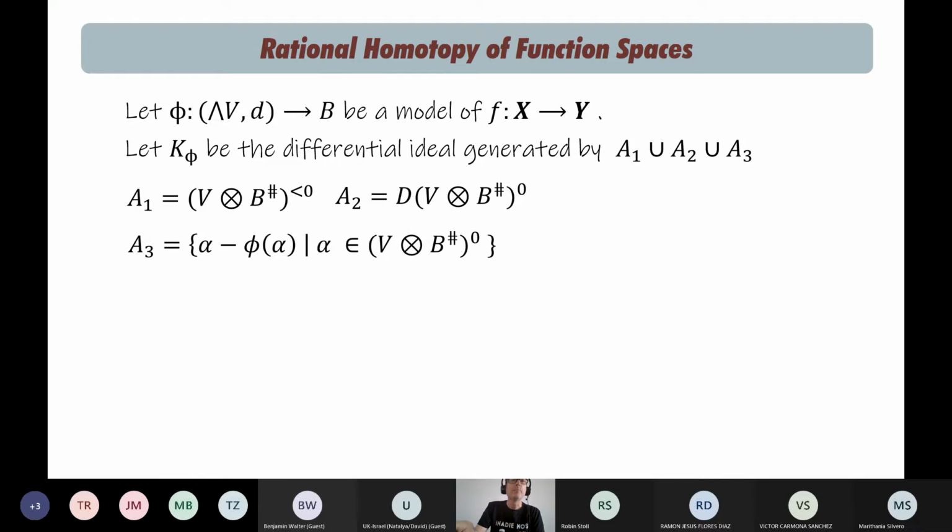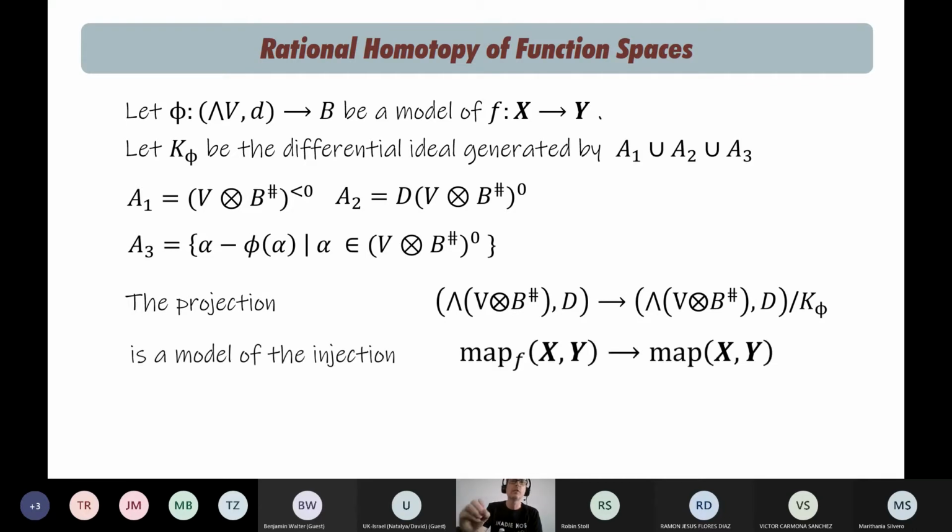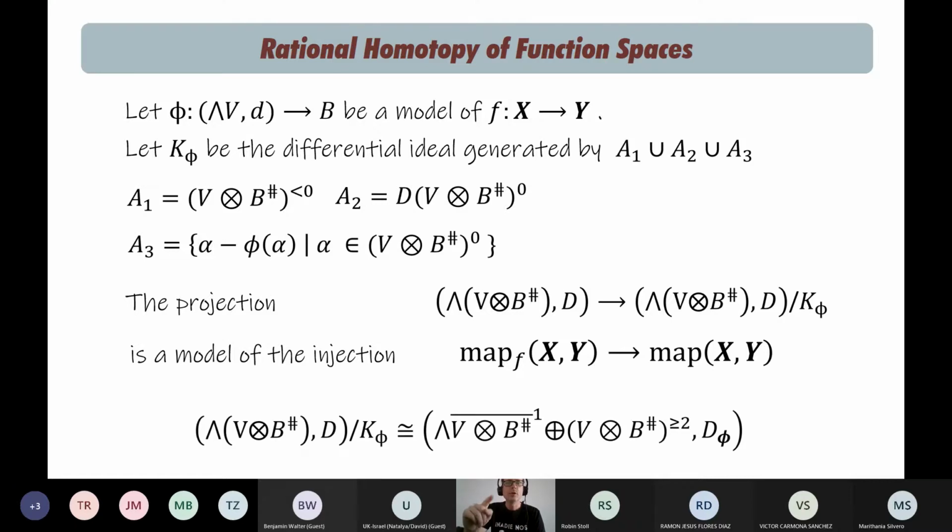Then the projection of the model of the mapping space onto this quotient is just a model of the inclusion of the component of the mapping space into the mapping space, the non-connected mapping space. And I also showed in my thesis that this quotient CDGA can be described as a Sullivan algebra for some particular differential which depends on the model of the map f.